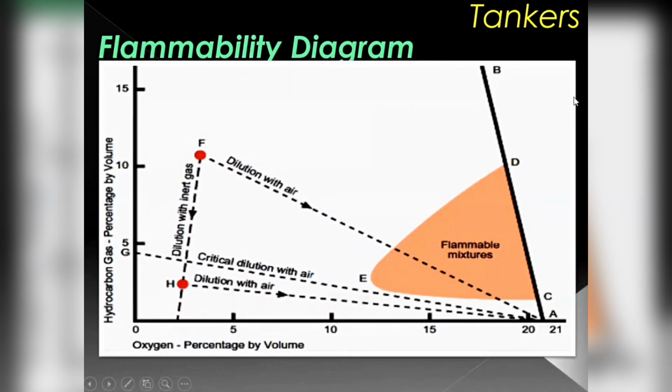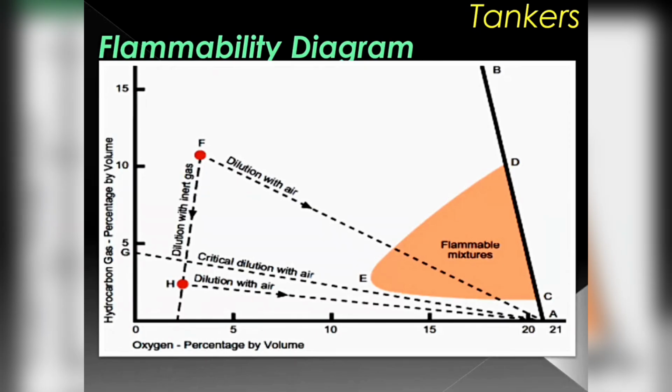So with inert gas in the atmosphere, provided my oxygen percentage is well below 11%, it is an absolutely safe atmosphere. That's why, when we are inerting the tank, we check the oxygen percentage, not the hydrocarbon. So that one side of the triangle is kept as far away as possible.